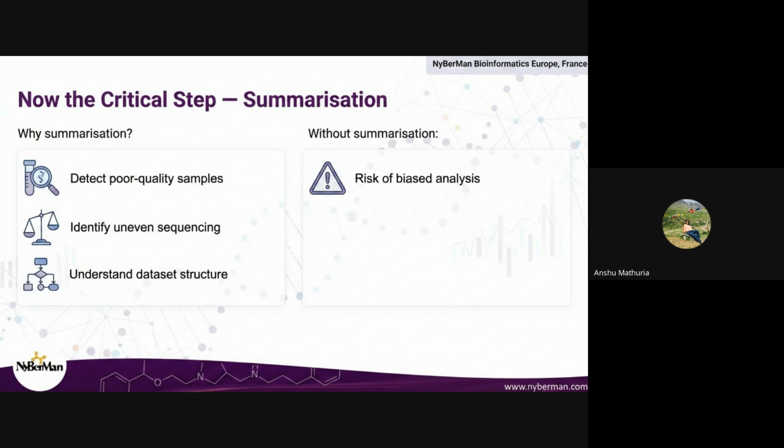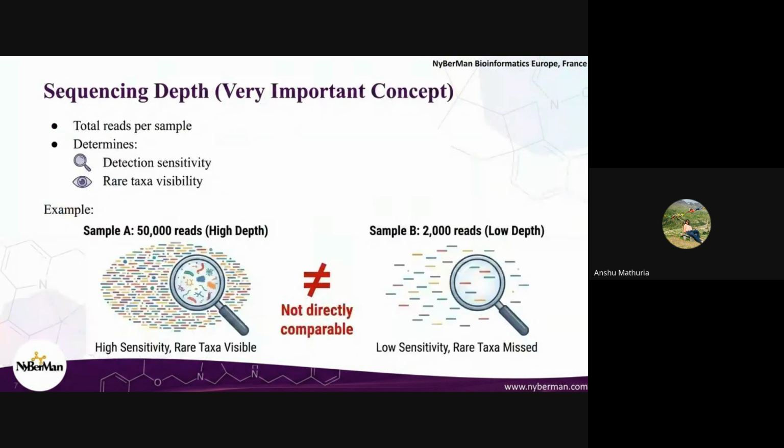Without summarization, there is a possibility that we can do a biased analysis, the way I told here. Here you will know the sequence depth, frequencies and counts of the sample. If you wouldn't have known and had directly compared, that could have led to a biased analysis, because this is sequenced more.